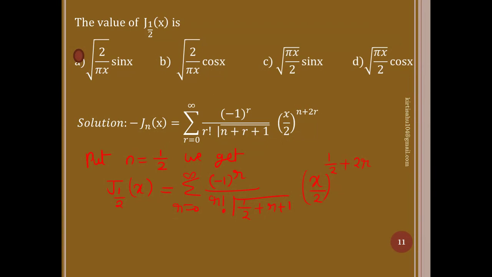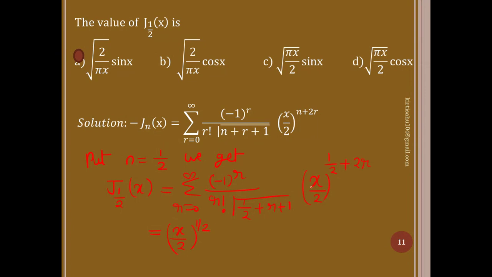Now just simplifying this, I can take x raised to power half outside, then 2 raised to power half also outside, because this is not containing r. So x by 2 raised to power 1 by 2 will be outside.